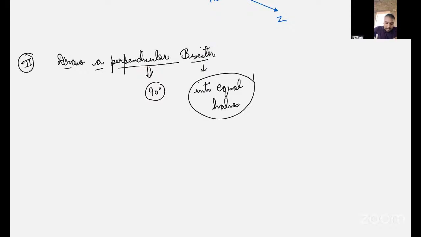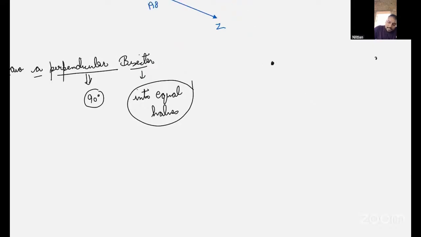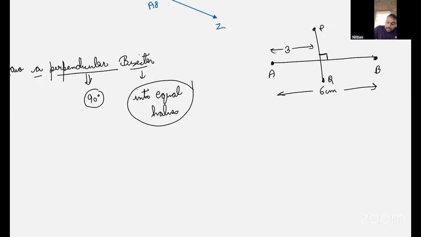For example, if we have this line segment AB, which is 6 centimeter, and I make another line segment PQ such that it is at 90 degree and divides AB into two equal parts, 3 and 3 centimeter.